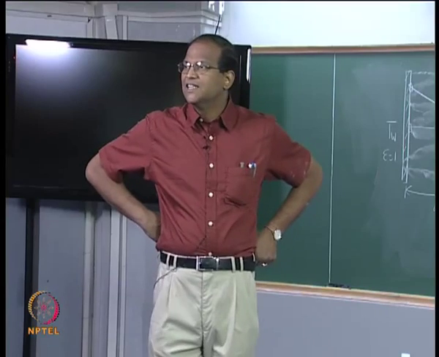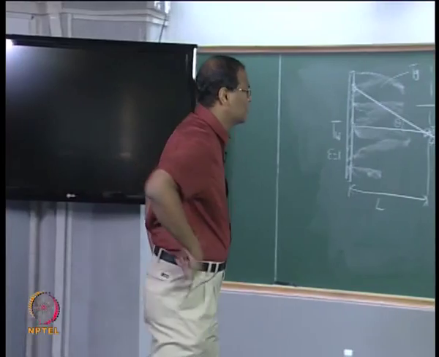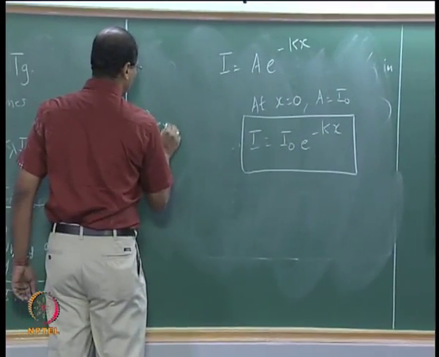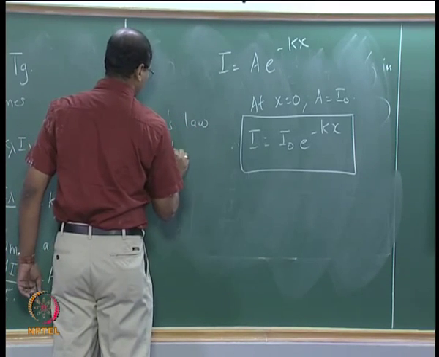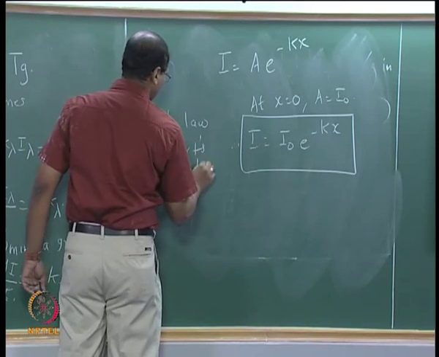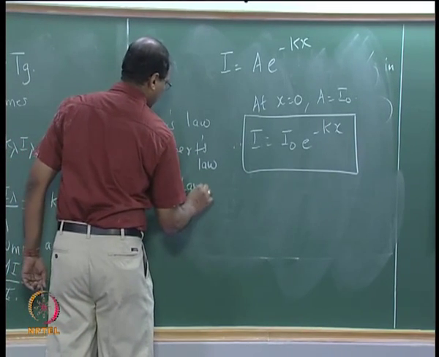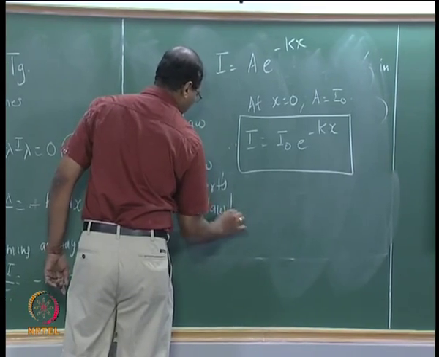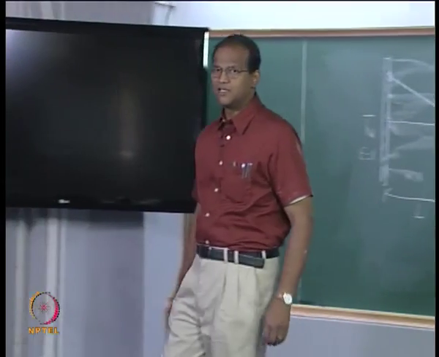So the radiation decays exponentially as it passes through the depth, okay. This is called the Beer's law, or the Beer-Lambert's law, or the Lambert's law.